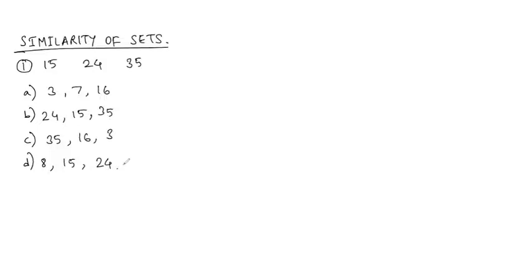So now in the question there is a set of numbers, and the set has 3 numbers. Options also are sets. In some questions the options have just a single number, but in this question each option has a set. So how many numbers does each set have? 3 numbers, correct. So the question has a set of 3, and the options also have sets of 3.